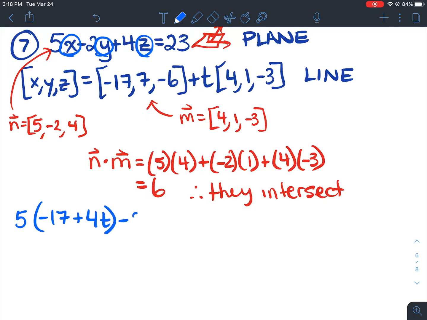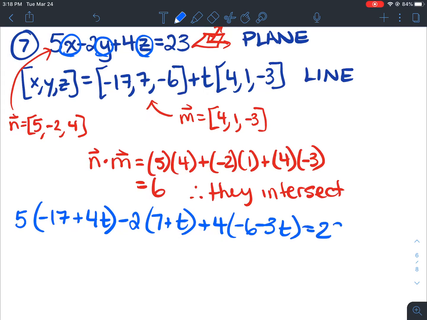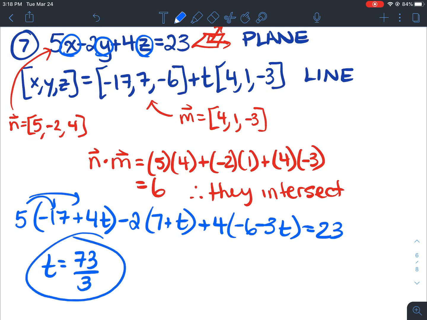So it becomes 5(-17 plus 4t) minus 2(7 plus t) plus 4(-6 minus 3t) equals 23. And then I'm not going to show all my steps, but if you completely solve that, expand all the brackets, then t will equal 73 over 3.